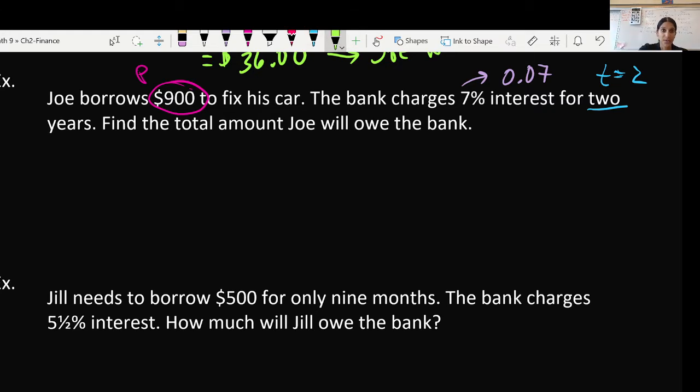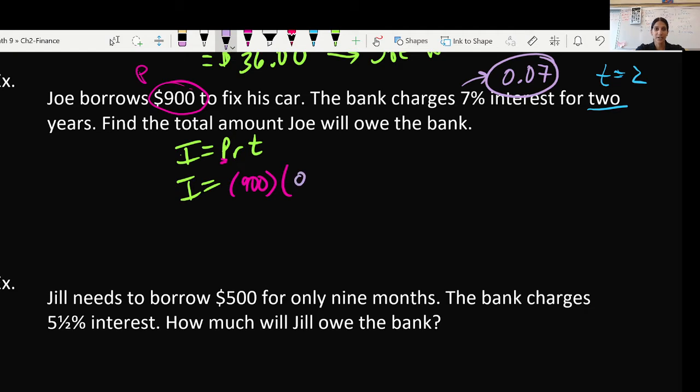Okay, let's go through this. I equals PRT. There's our formula. Let's start plugging things in. So I equals, our principal was that $900, times R, which was up here, 0.07, and our T was right here, times 2.